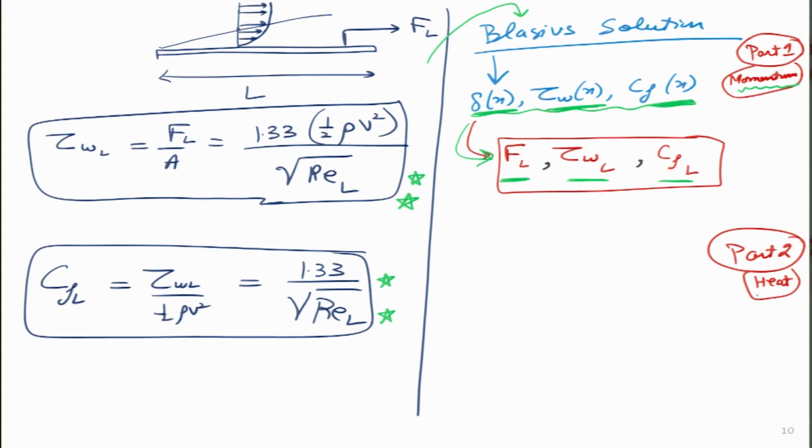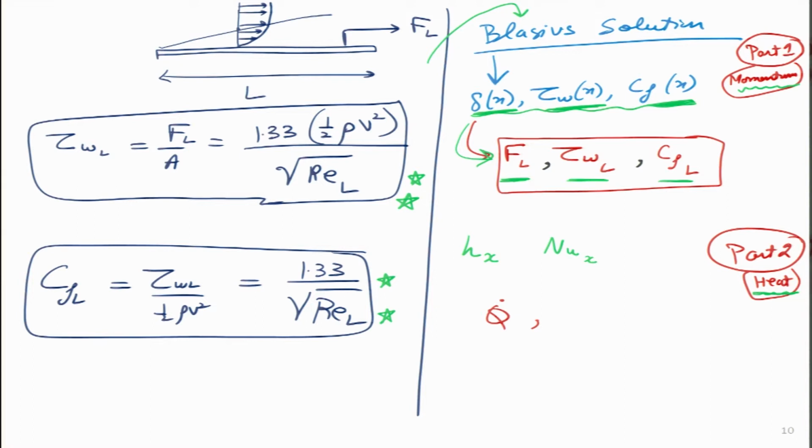Now, let us do a similar exercise where our focus will be on heat, which means we will again look at the Blasius solution for parameters like Hx, the convective heat transfer coefficient as a function of x. Similarly, we will look at the Nusselt number as a function of x, and based on this we will calculate three values which are very important for engineers.